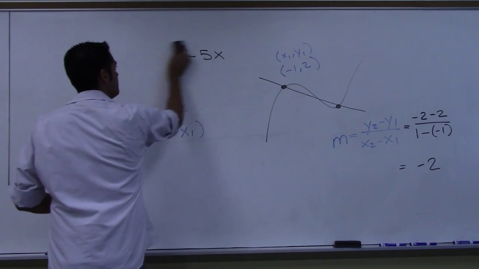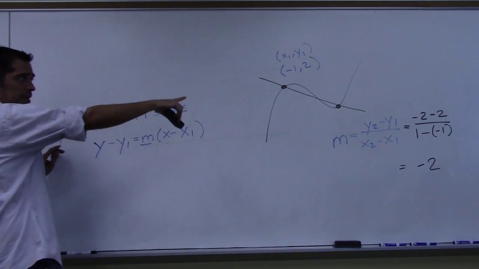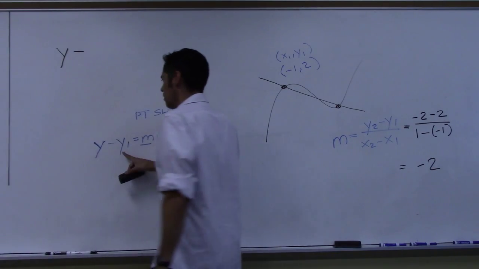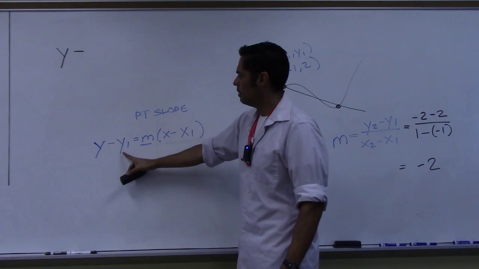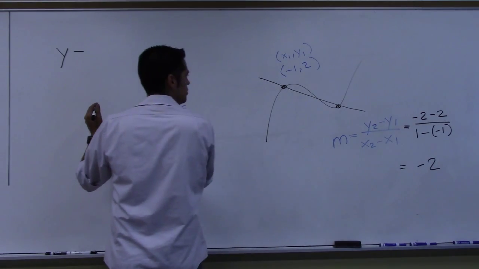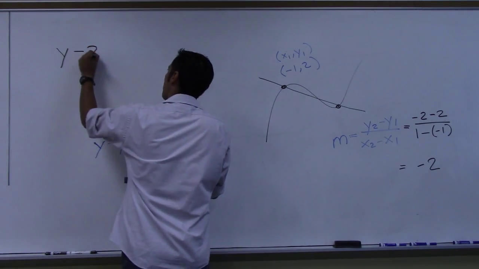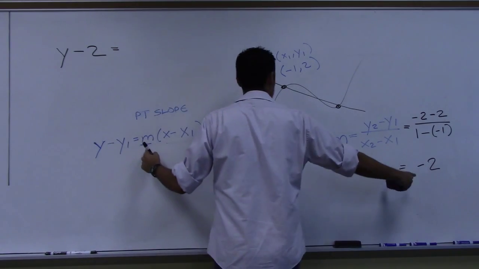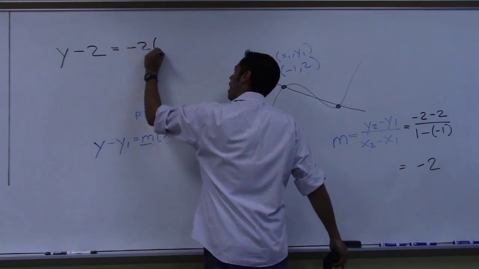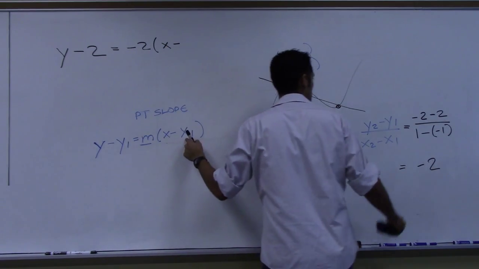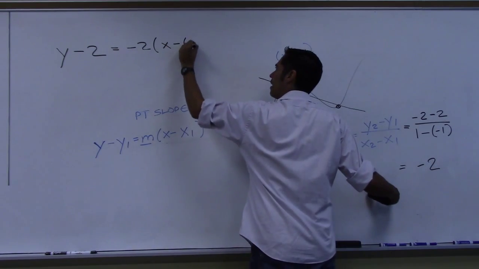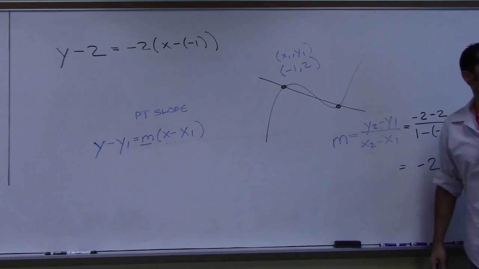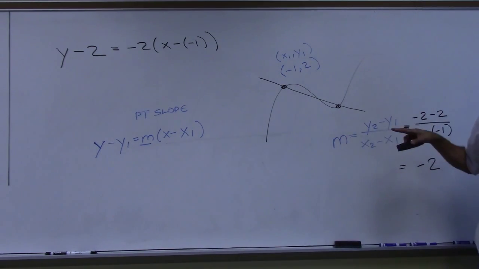The equation of the line connecting those 2 points should be y minus y1, which is positive 2, equals m, which we just found to be negative 2, times x minus x1, which was negative 1. Now if I clean that up, that's the equation of the line that goes through those 2 points.